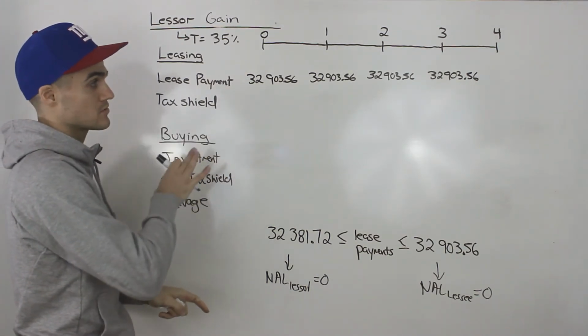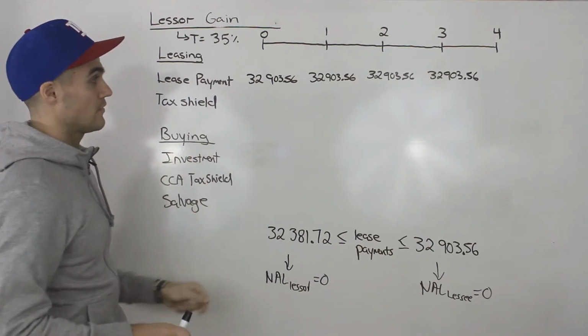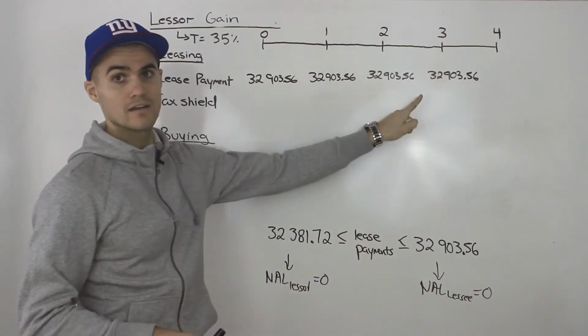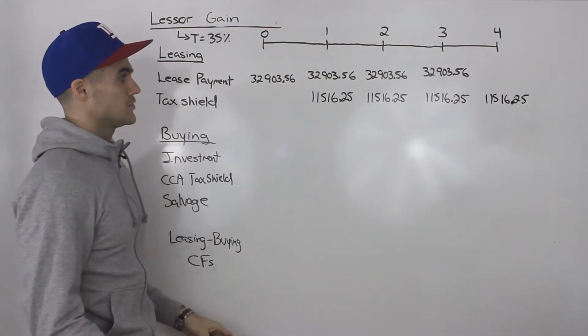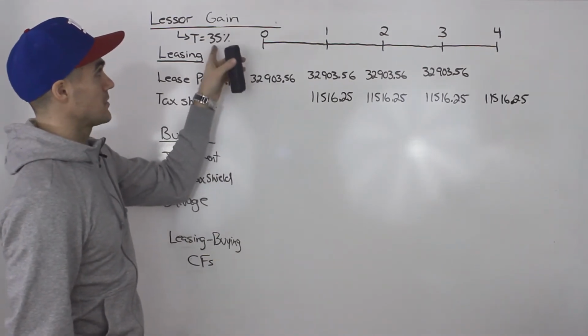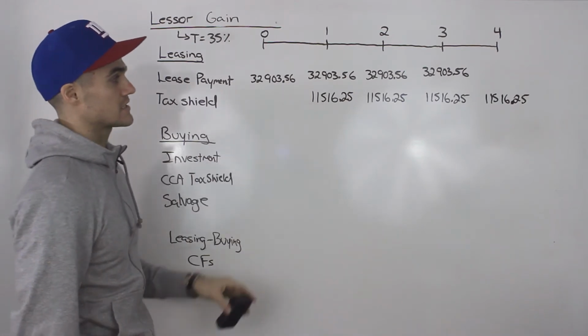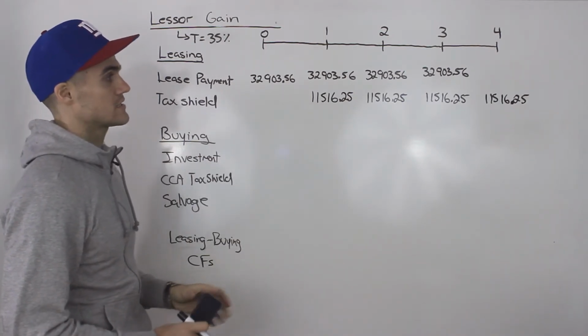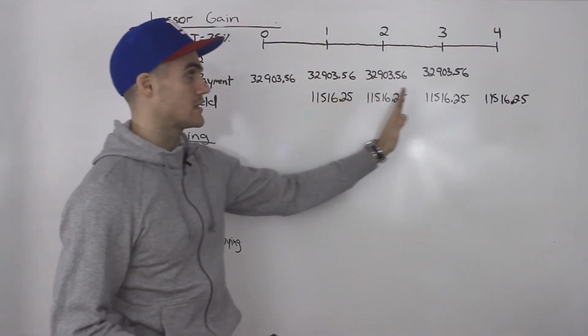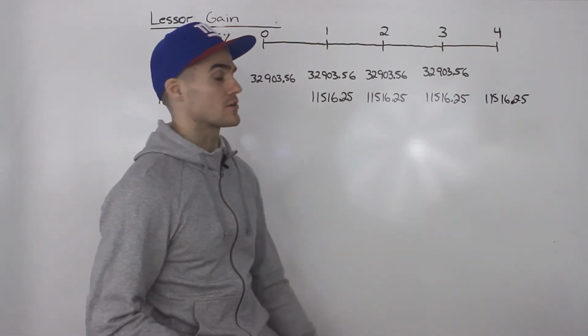This is all from the lessor's point of view. And then those amounts you would just put at the end of each year. And when you do that calculation, taking the lease payment, multiplying it by that tax rate, you end up getting $11,516.25. And that tax shield is going to happen at the end of each year.